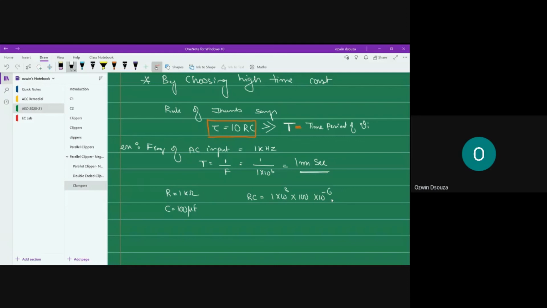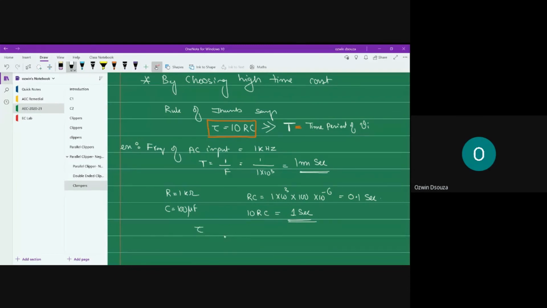So that's about 0.1 second. And as per the rule of thumb, you need to multiply with 10. So 10 times RC is actually 1 second. Now you do the comparison.